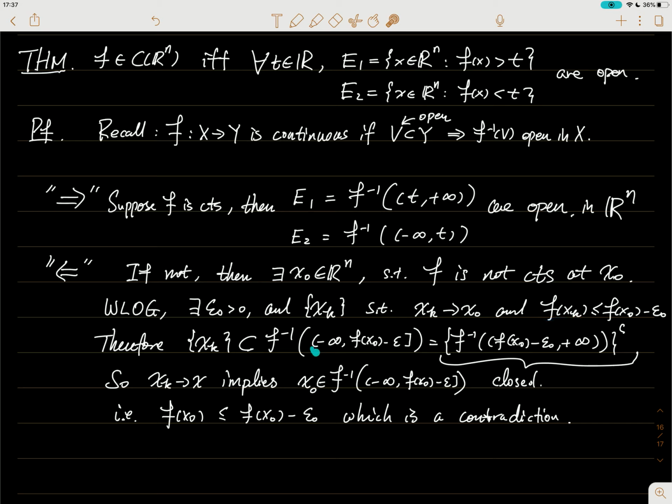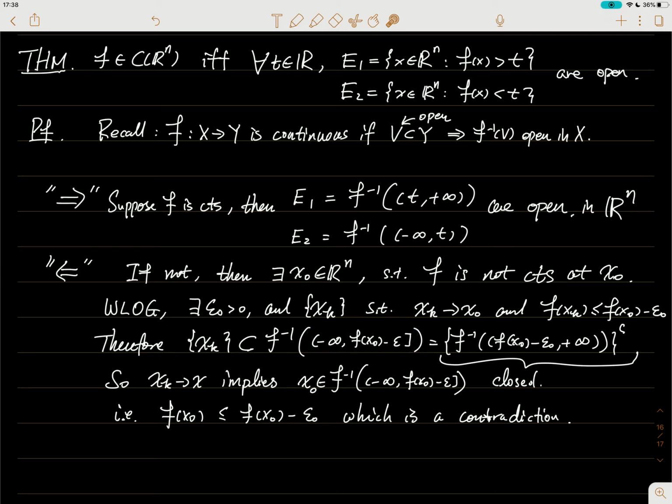So this is the interval, and my f of xk is in this interval. That means that xk is in the inverse image of this interval. Okay, so that's how we show this.